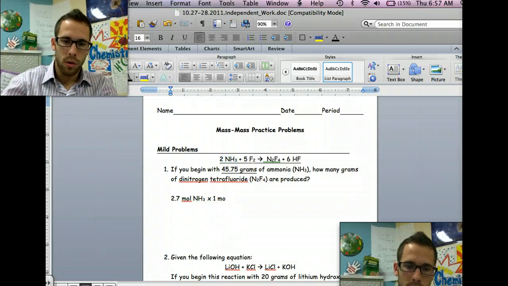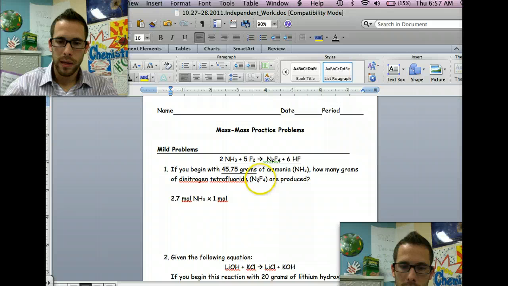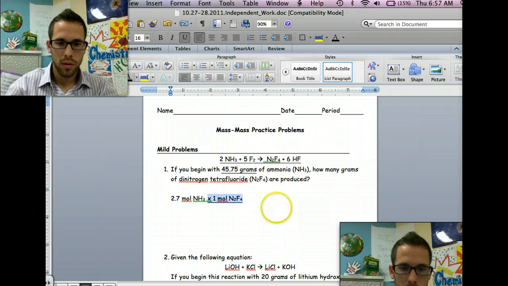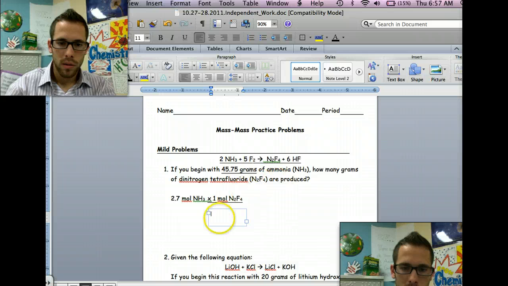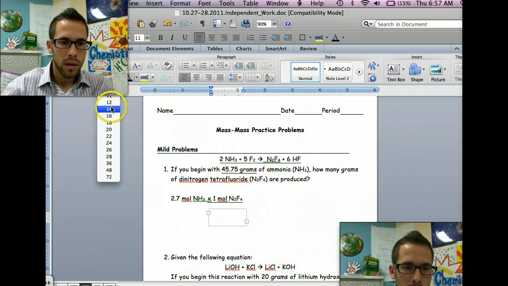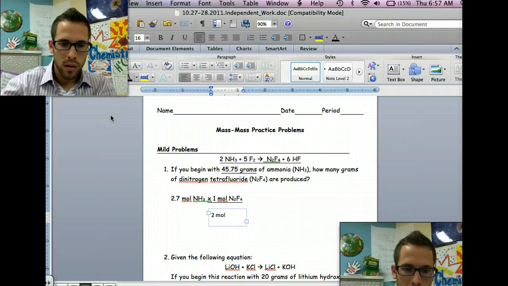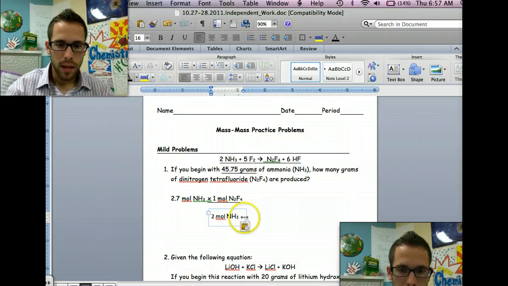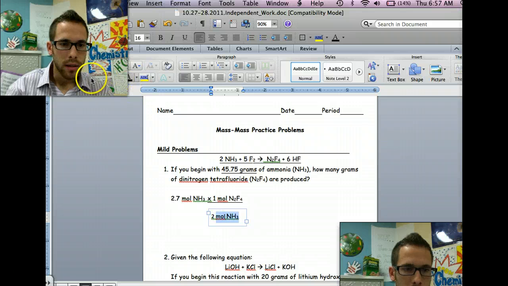1 mole of N2F4, and that is going to be over 2 moles of NH3. So now, when I write that down, I realize that the moles of NH3 cancel out because they're right here and right there.